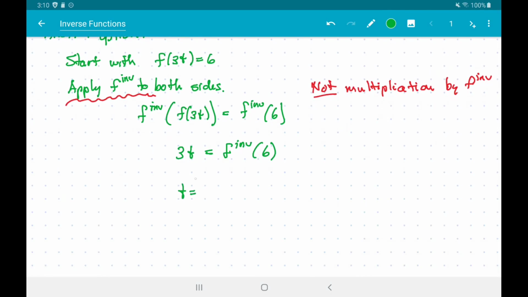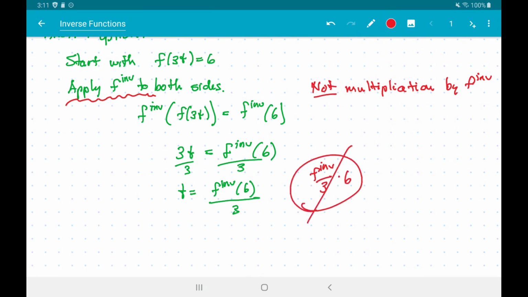Now, I can divide by 3 on both sides and get that t is f inverse of 6 divided by 3. Now notice, in writing this, I have to divide the result of f inverse of 6 by 3. Let me show you here. I am specifically not doing this. That is not correct because that looks like multiplication. F inverse is a function applied to 6.